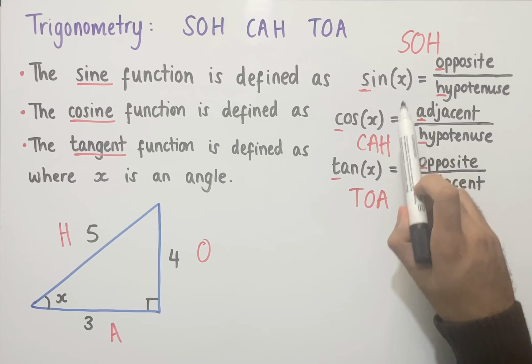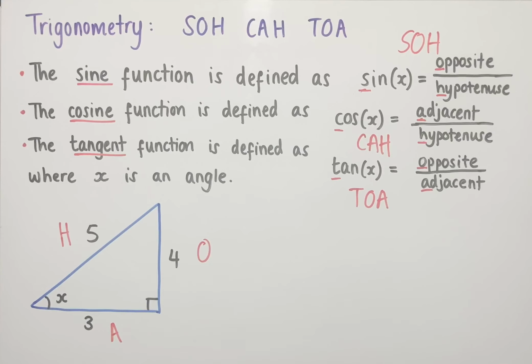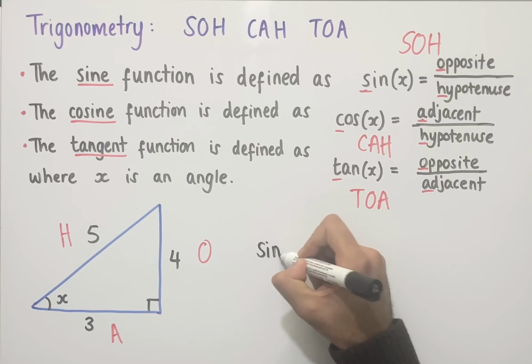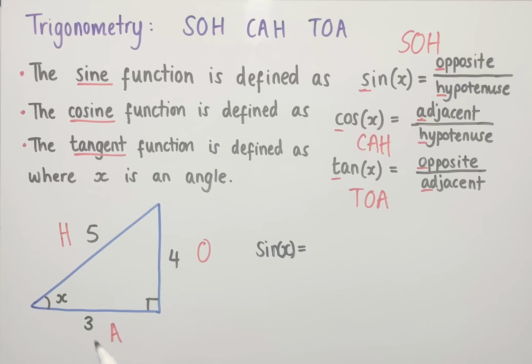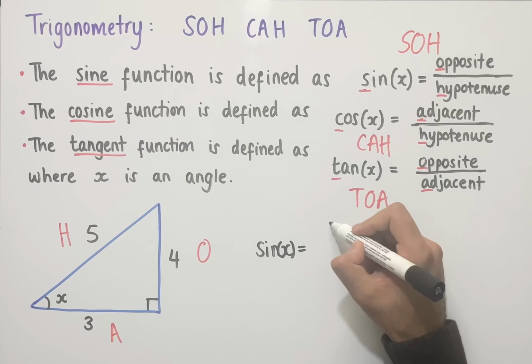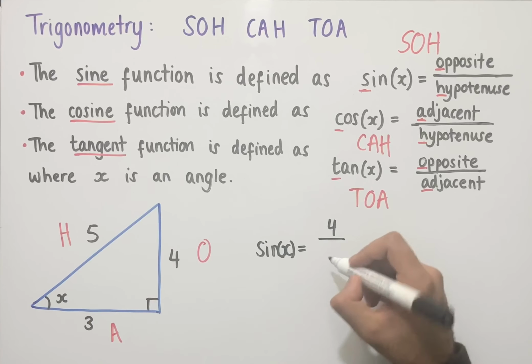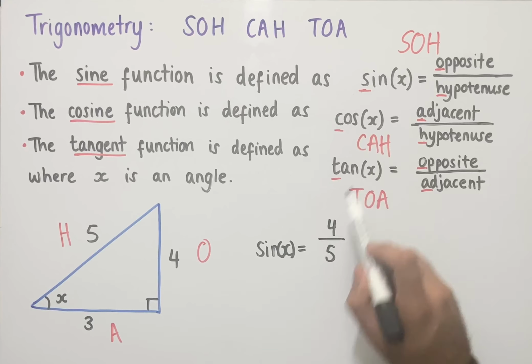If we use our three equations, then we can use any of these to work out the missing angle x here. So if we use the first equation, we have that sin x equals the opposite side, which in this case is 4, over the hypotenuse, which in this case is 5. We could also write equations for cos and tan as well.